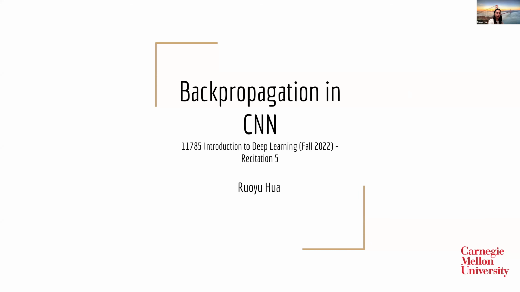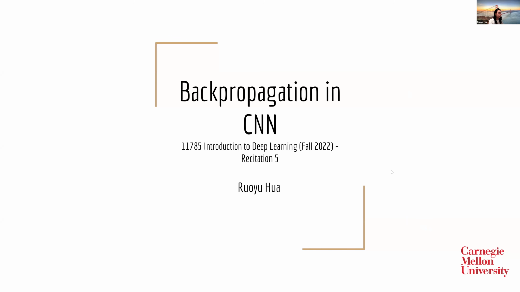I think we have not covered all the sections in our CNN lectures yet, so don't worry if you cannot understand some details of the backward part, because it's somehow complicated.